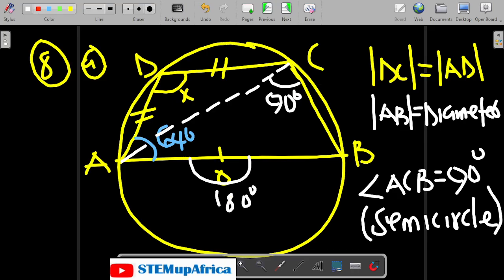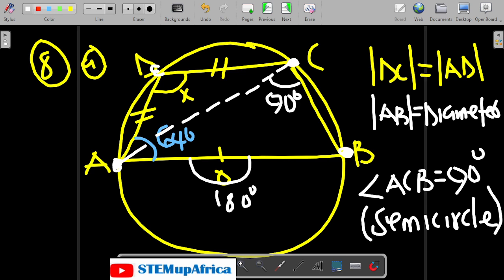Now we know that points A, B, C, and D touch the circumference of the circle. That means point A and point C are opposite angles of a cyclic quadrilateral, and D and B are also opposite.